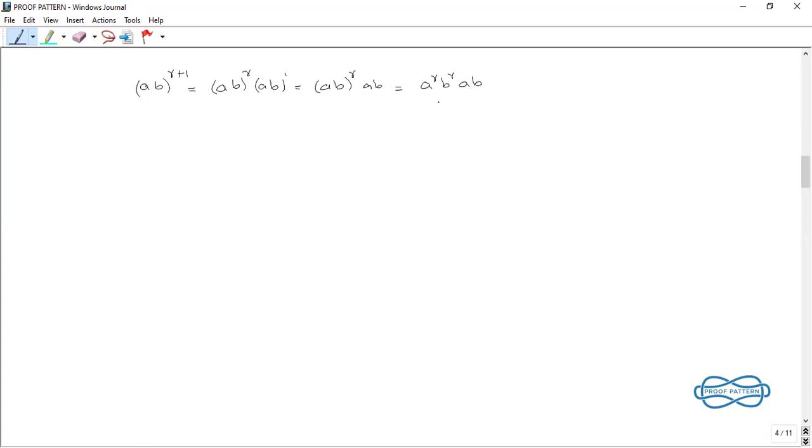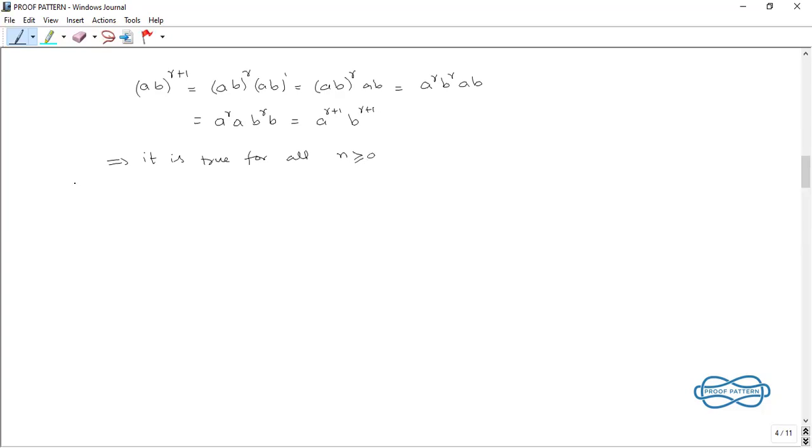Since the group is abelian, we can write it as a^r a, b^r b, and that is a^(r+1) b^(r+1). So it is true for all positive integers, and also it is true for 0. So for n greater than or equal to 0, it is true.